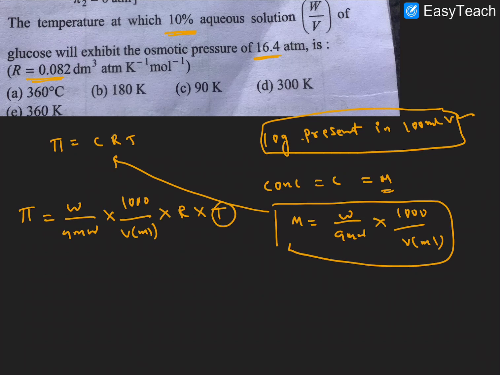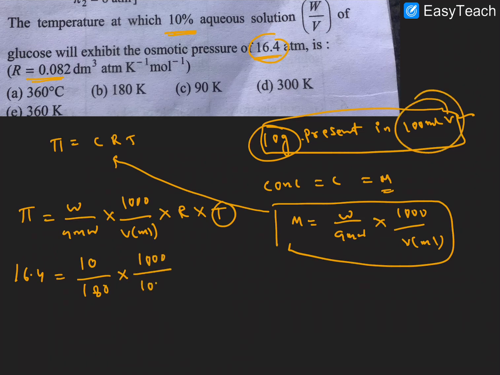What is the osmotic pressure mentioned in the question? 16.4. So 16.4 equal to weight, which is 10 grams, and gram molecular weight of glucose is 180, and 1000 by the volume, which is 100 ml.